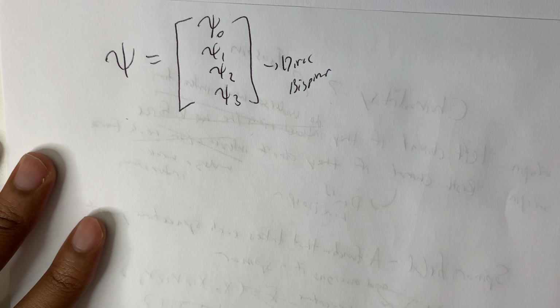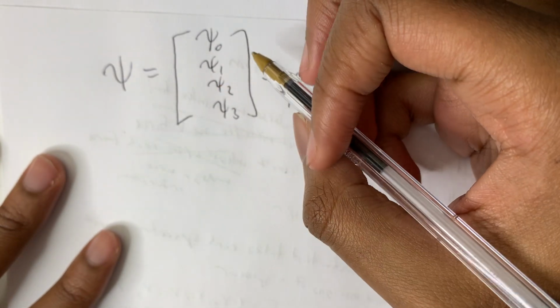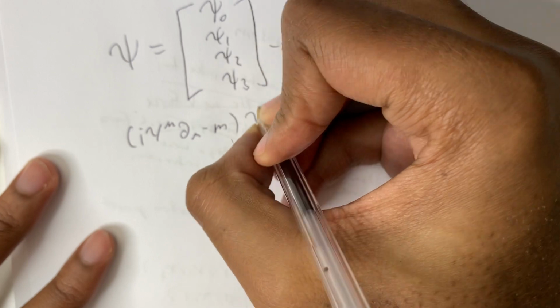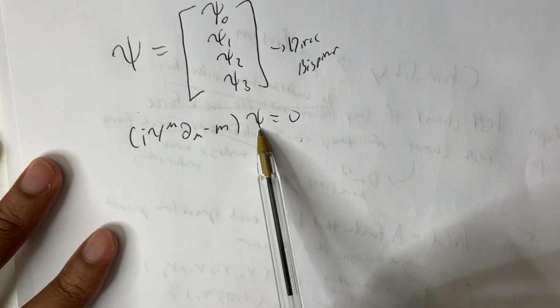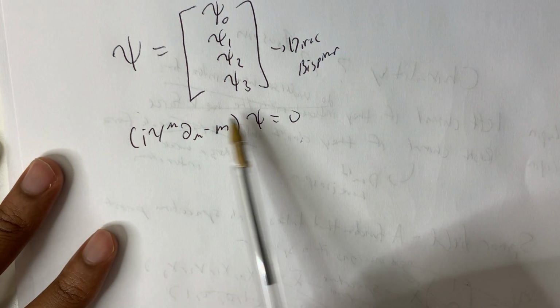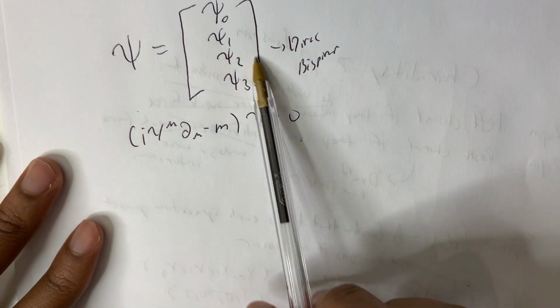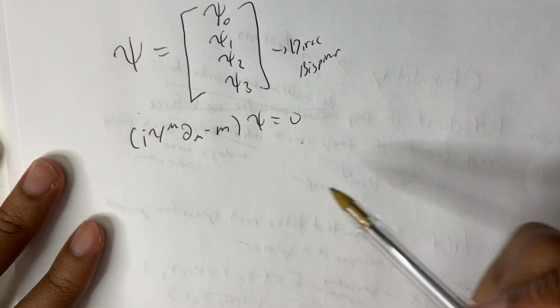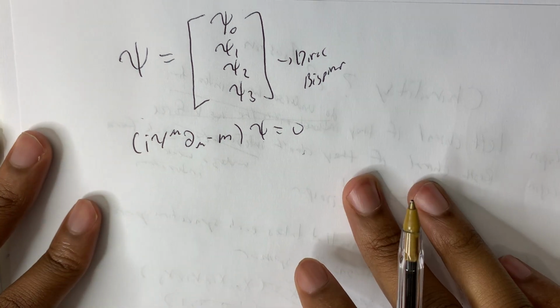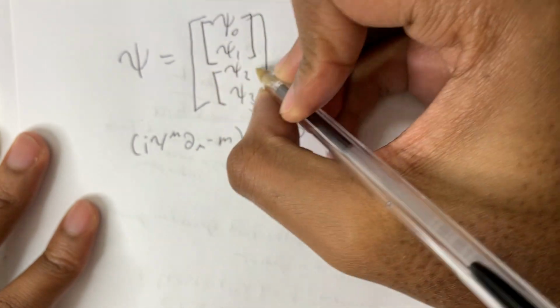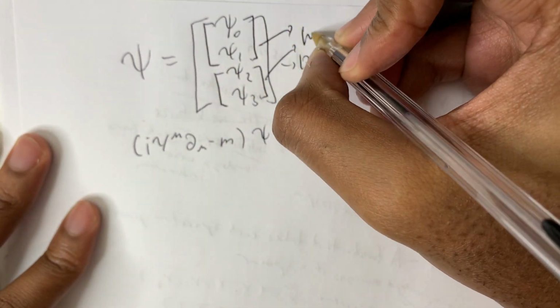Now, what are the Weyl spinors? Let me write down the Dirac equation, since it makes sense to write it down right now. This spinor satisfies this equation. We're going to derive this equation in the next video on quantum field theory. But the Dirac bispinor solves this equation, and the Weyl spinors are kind of the parts of the Dirac bispinor.